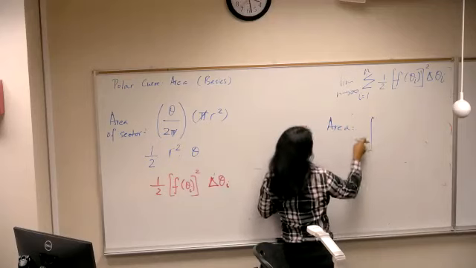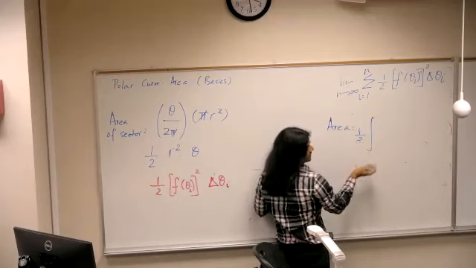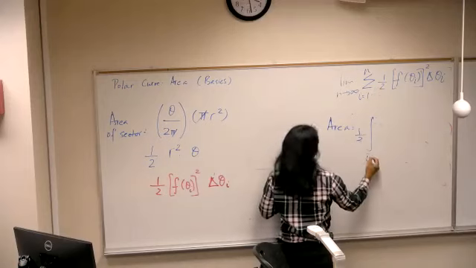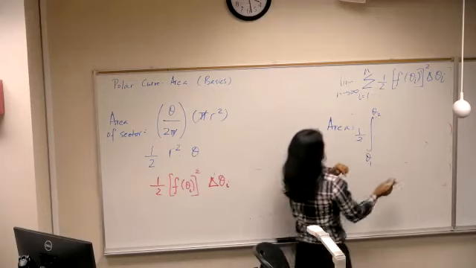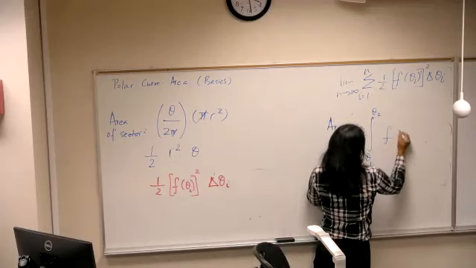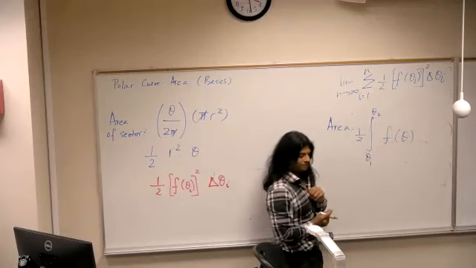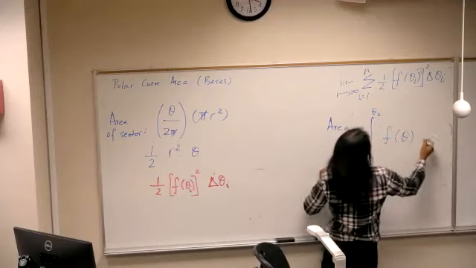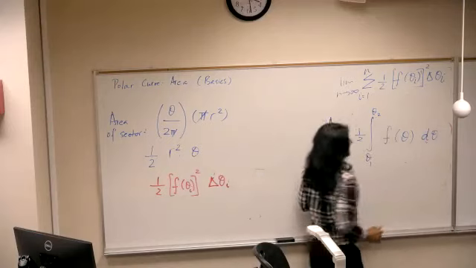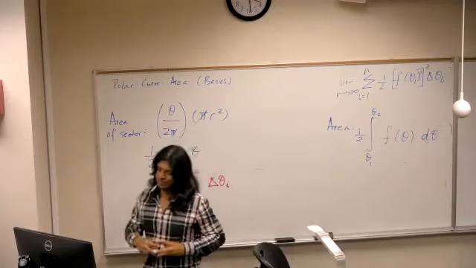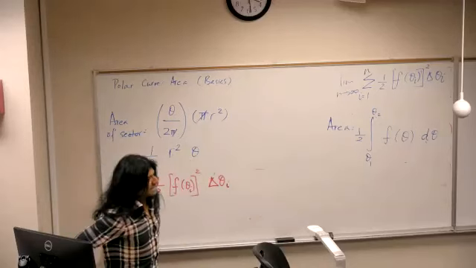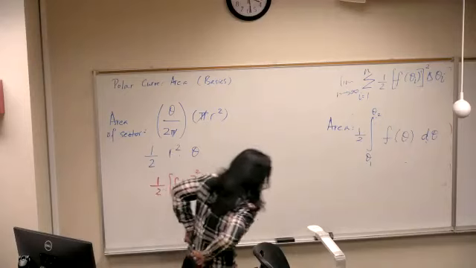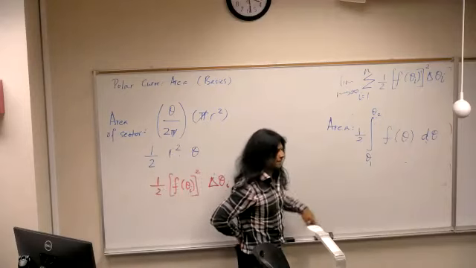Integral, one half, from some starting point to some ending point, so theta 1 to theta 2, f of theta, which is our function for the radius, d theta. Delta theta becomes d theta. It is an infinitesimally small change in theta.